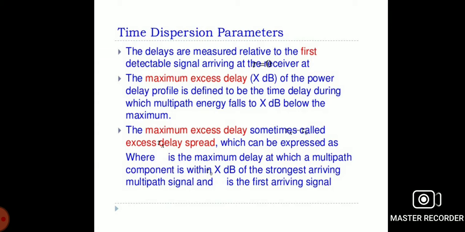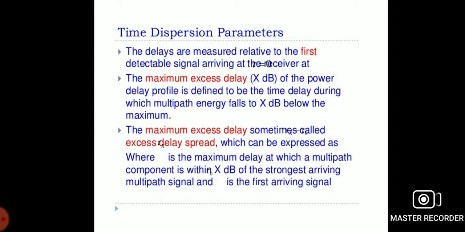This maximum excess delay also defines the temporal extent of the multipath signal above a specific threshold value. It is important that the threshold be related to the maximum received multipath and the multipath noise floor value.